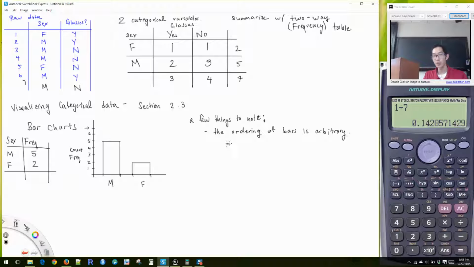Common ways to order bars are options you can choose. You can arrange the bars according to the counts of the bars. Or you can arrange the bars based on alphabetical labeling of the categories.